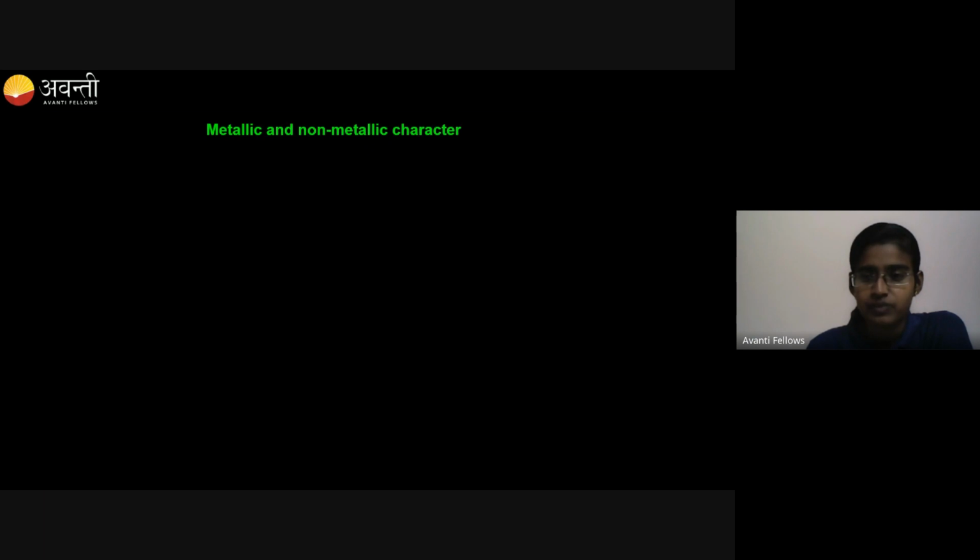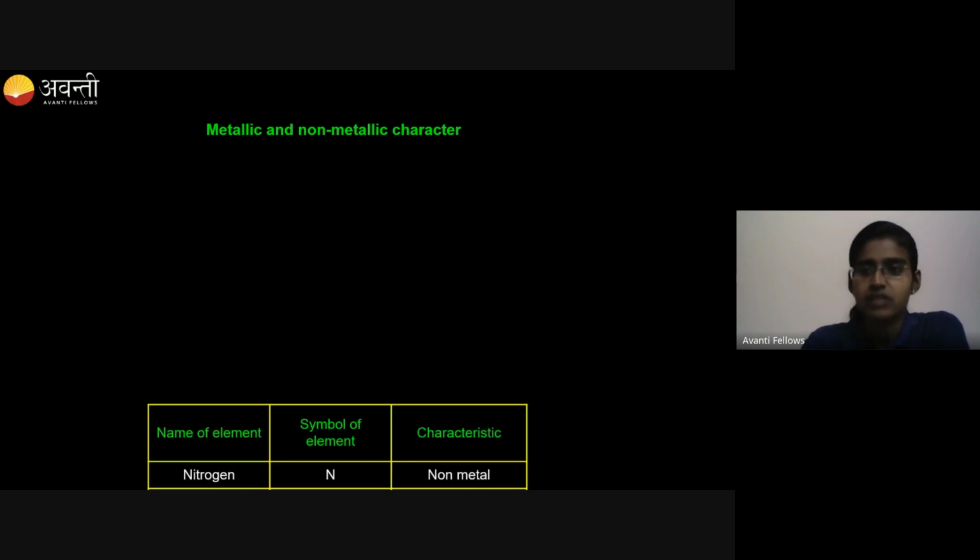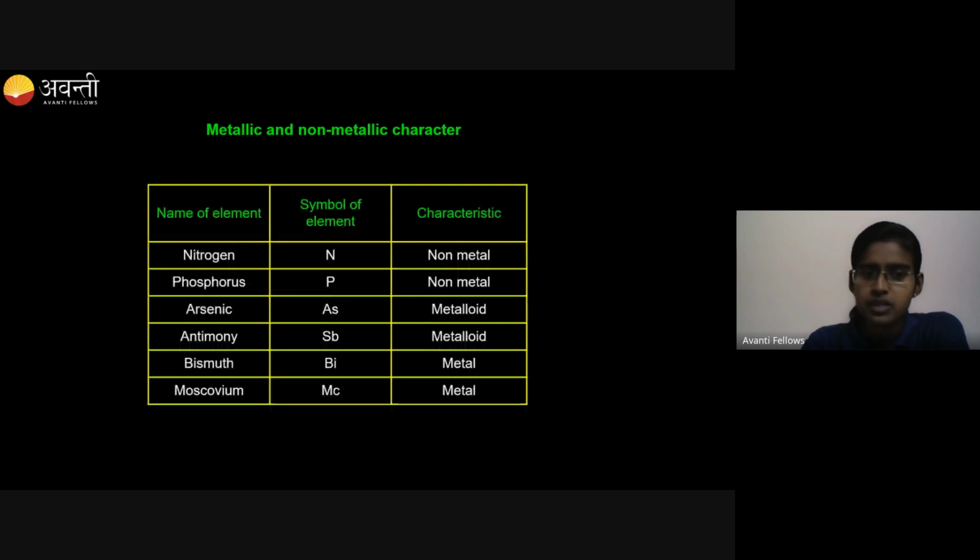Okay. It is nitrogen, phosphorus, arsenic, antimony, bismuth, and moscovium, right? So these are the 6 elements, and moscovium is radioactive, I have told you. The symbol is also given to you. The first 2 elements are non-metals, the second 2 are metalloids, and the last 2 are metals.